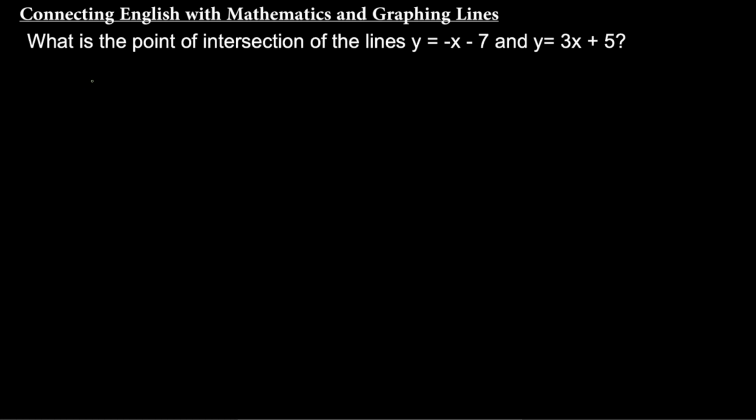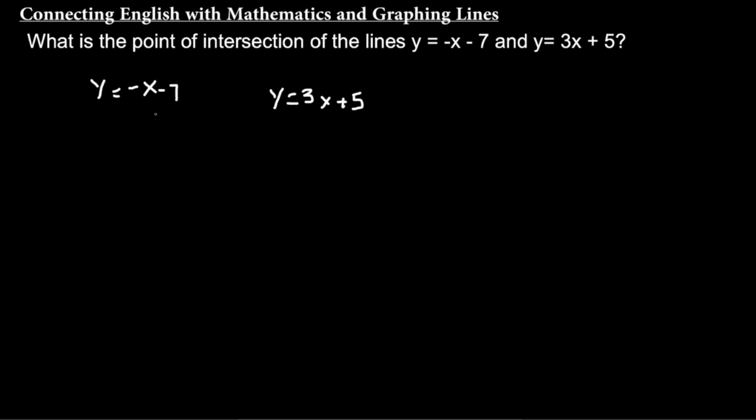First, let's write down the equation on the left side, y equals negative x minus 7. And we'll also write down our second equation on the right side, y equals 3x plus 5.